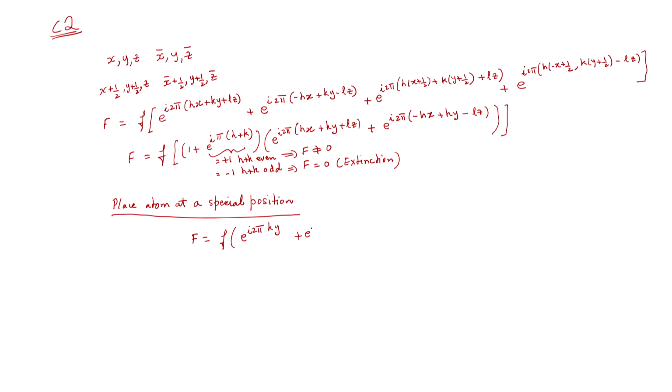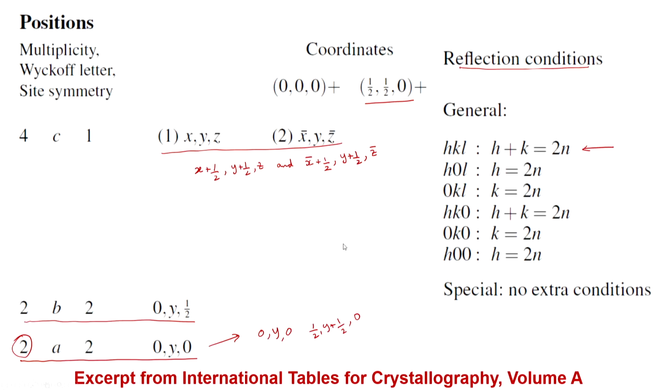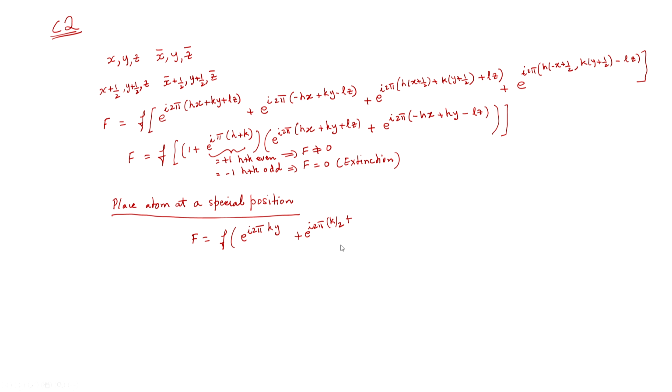So, e to power i 2 pi, the first term is h by 2, the second term would be k, y plus half.